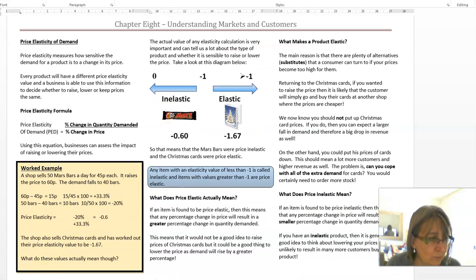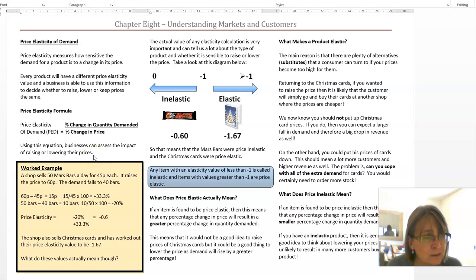Now we're moving on slightly. When we think about our product, particularly when we look at the marketing mix in a minute, we have to look at the price that we're going to give to our product, or whether we should change the price.